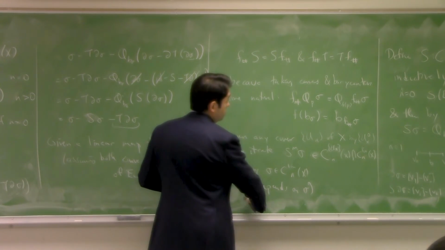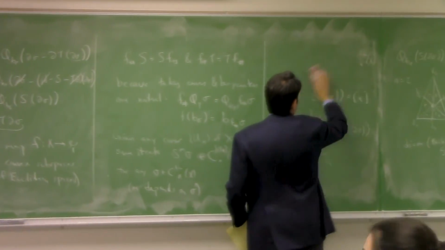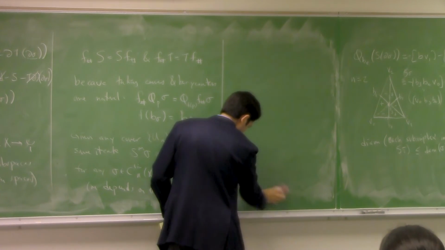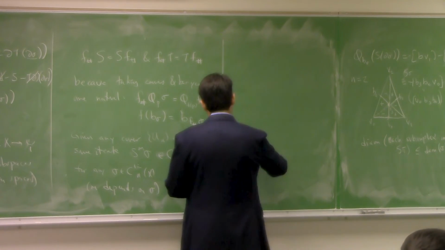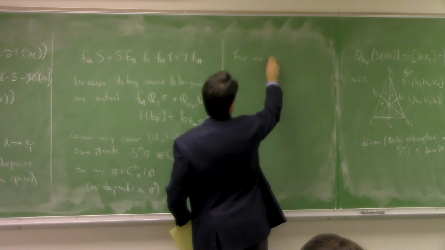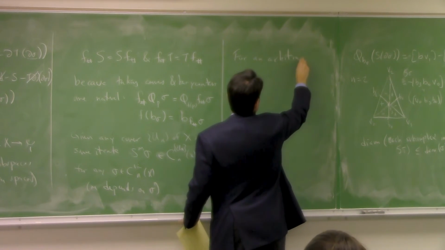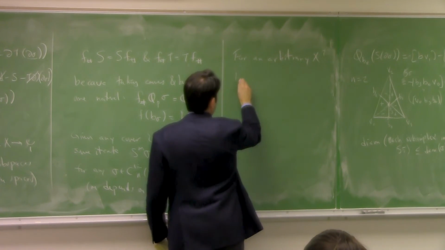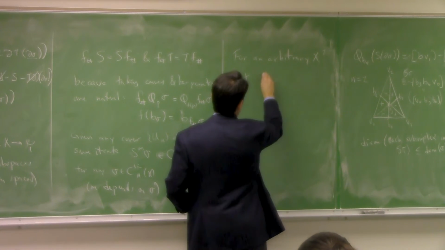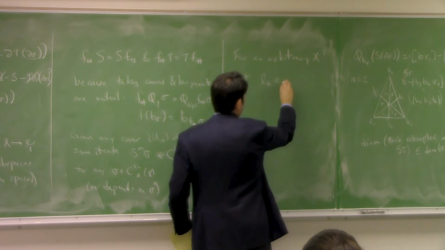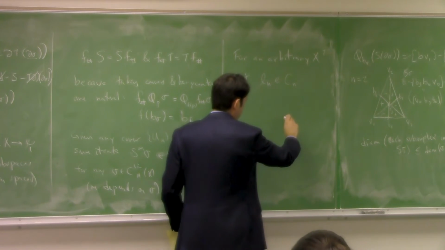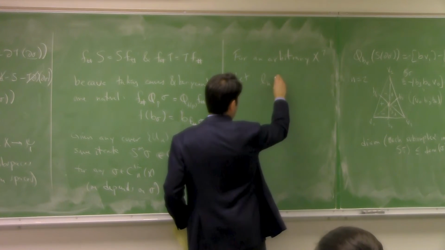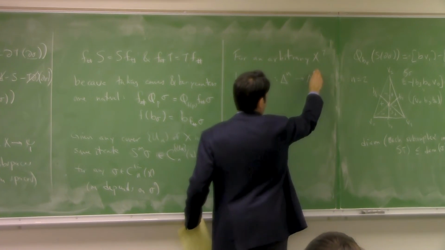Okay, so if we were only working with convex subsets of R^m, we'd be done. Here's what we do for an arbitrary space. Let L_n be an n-chain on the n-simplex. L_n is going to be a singular n-simplex of the n-simplex.